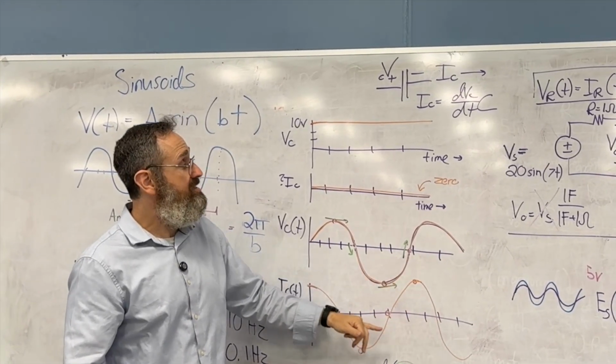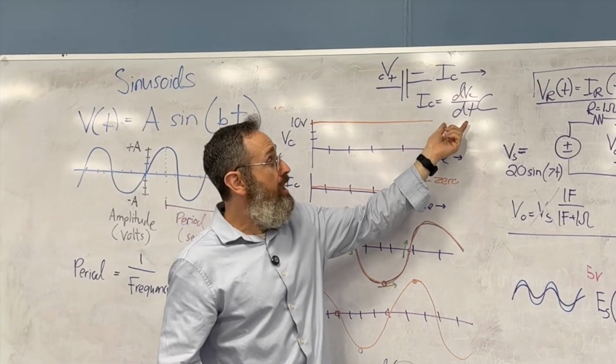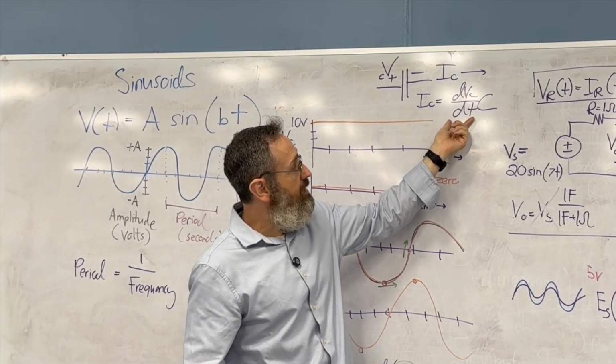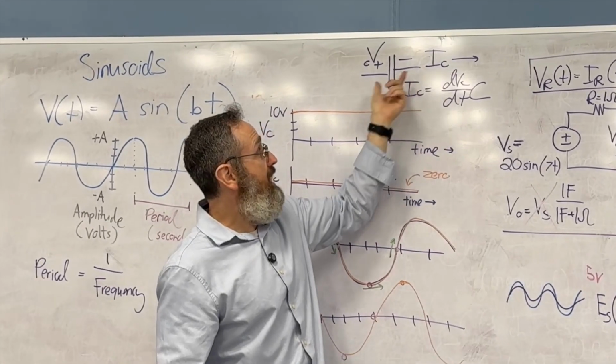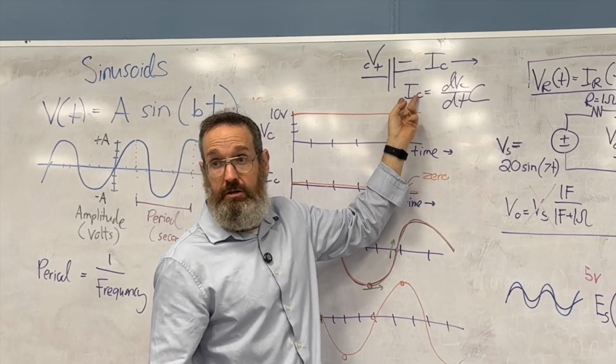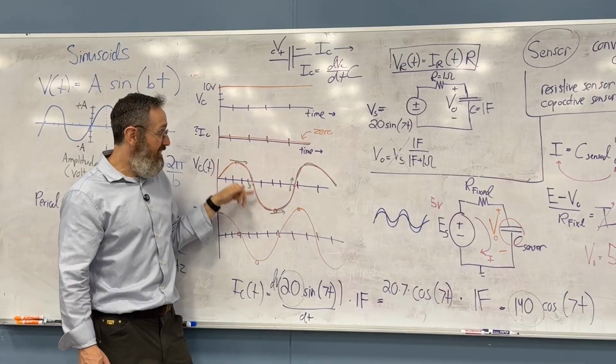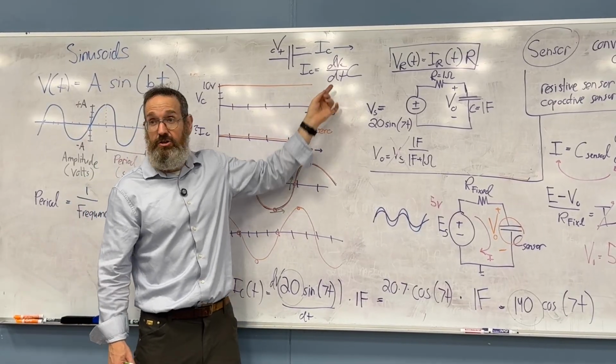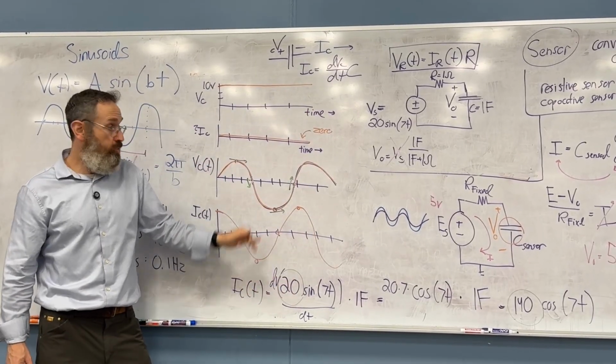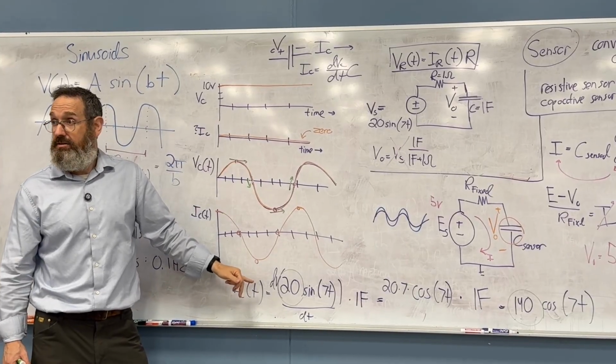The other thing you can see is that whereas when you apply a battery to a capacitor, you get no current, when you apply a sinusoid to a capacitor, you do get a current. It wiggles at the same rate as what you put in.